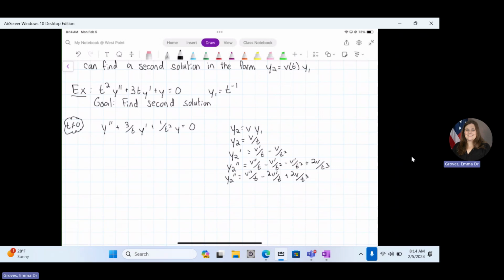So if I substitute in, I'm going to have v double prime over t minus 2v prime over t squared plus 2v over t cubed, plus 3 over t times my y prime, which is v prime over t minus v over t squared, plus 1 over t squared times my y, which is v over t, and all of that should equal 0.